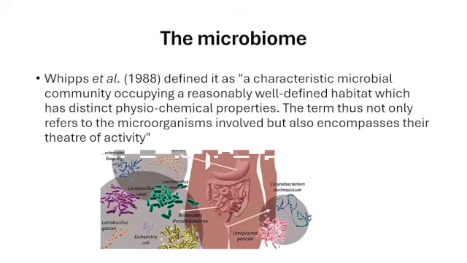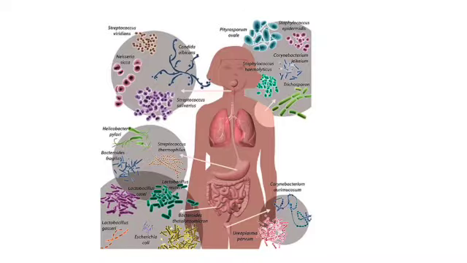And here's a little diagram. This is just a kind of introductory diagram that I found on the internet somewhere with some of the microbes. Some of them are bacteria, some of them, I see the Candida albicans there, are fungal.